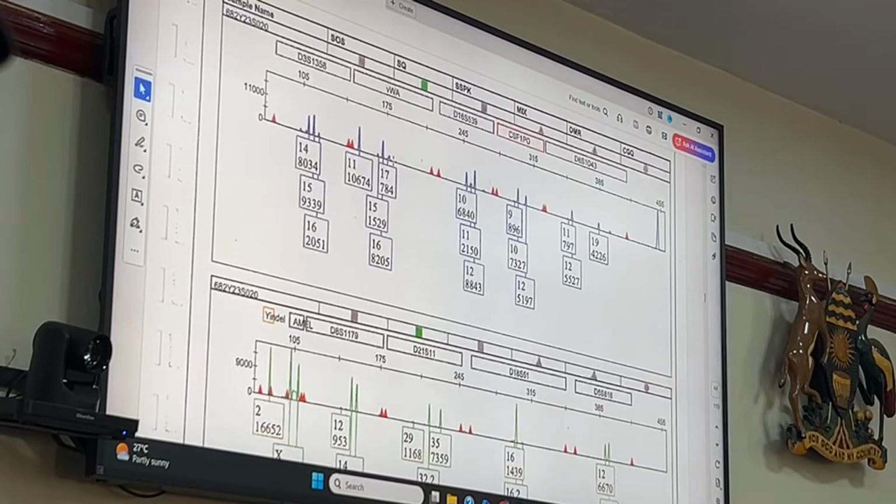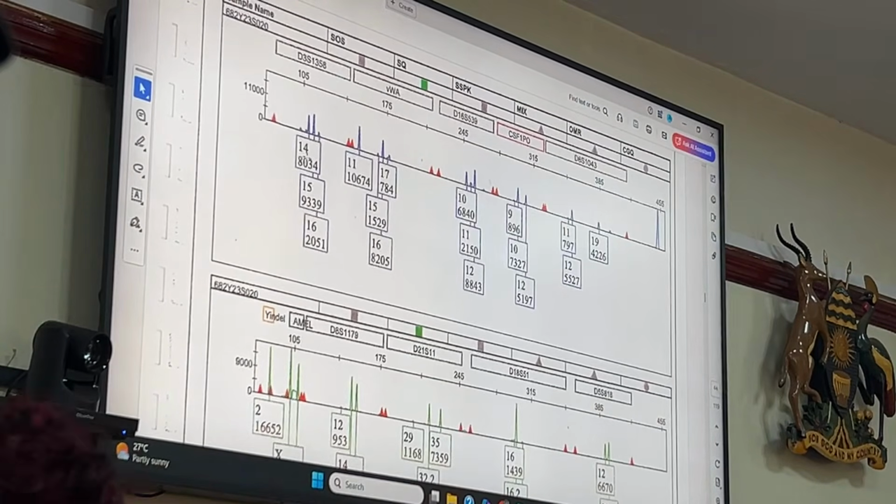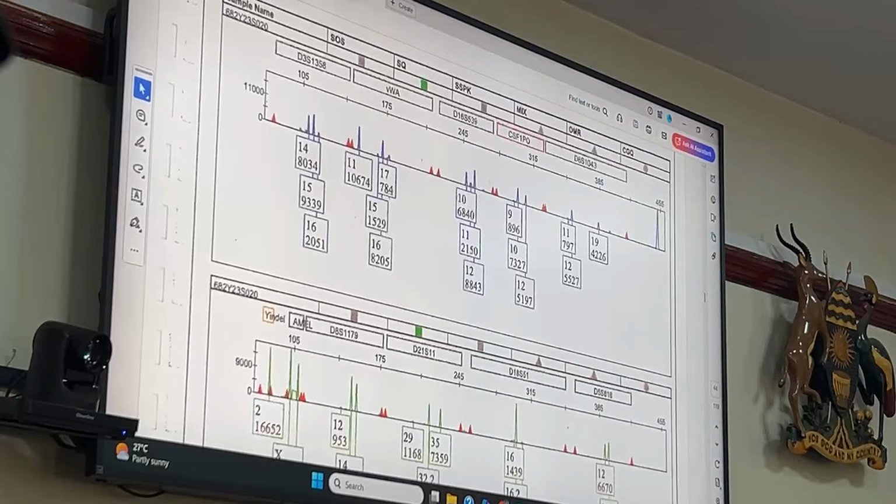Maybe using the EPG, I just need to understand where is the major and where is the minor? So the graph is showing the height of an individual piece of information. So here, if we look at this piece of information, the height is 2,000 high, where this piece of information is only 784.